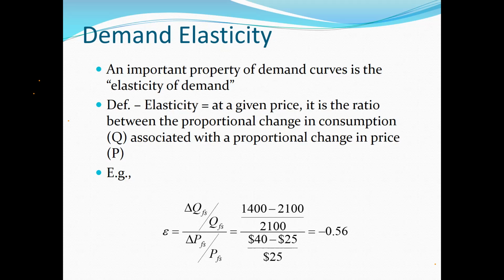Your elasticity is defined as the change in the quantity of floor space demanded divided by the original floor space demanded, and you divide the whole thing by the change in price divided by the original price.